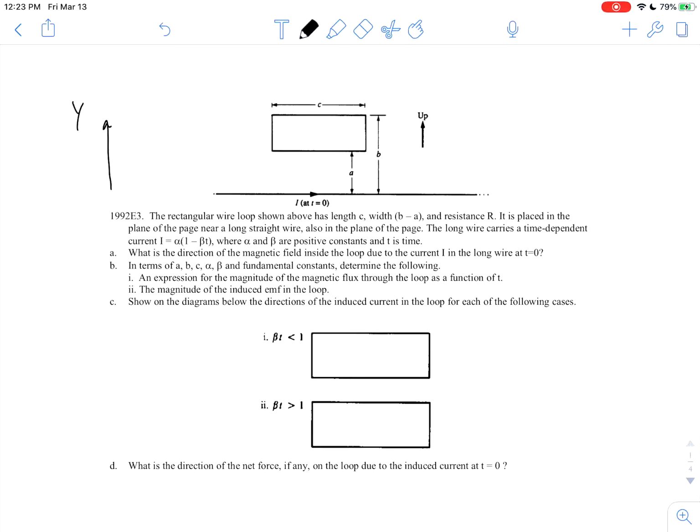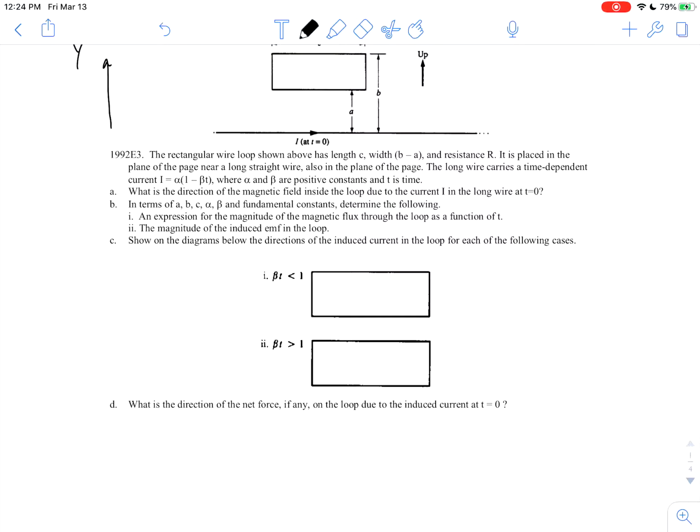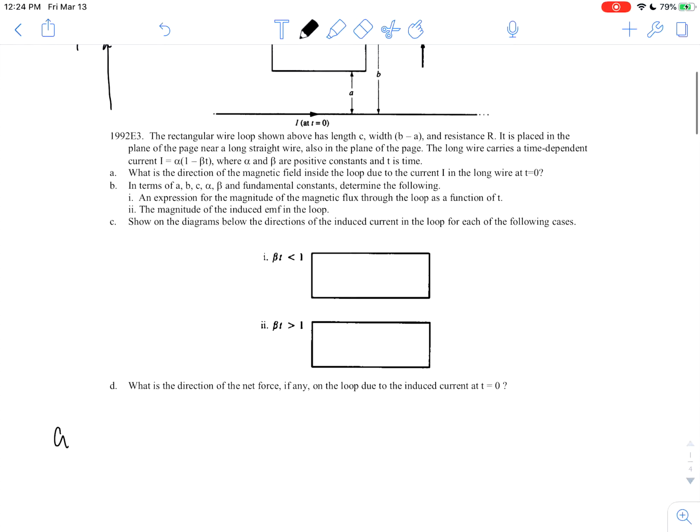It's alpha times 1 minus beta t, where alpha and beta are positive constants, t is time. And the first thing we have to do is figure out what direction the magnetic field is inside the loop due to the current at time 0. And so to do part A, we can just use the right-hand rule, where your thumb is going to point in the direction of current, and then your fingers wrap around that wire, and that shows you the direction of the B field that it's creating.